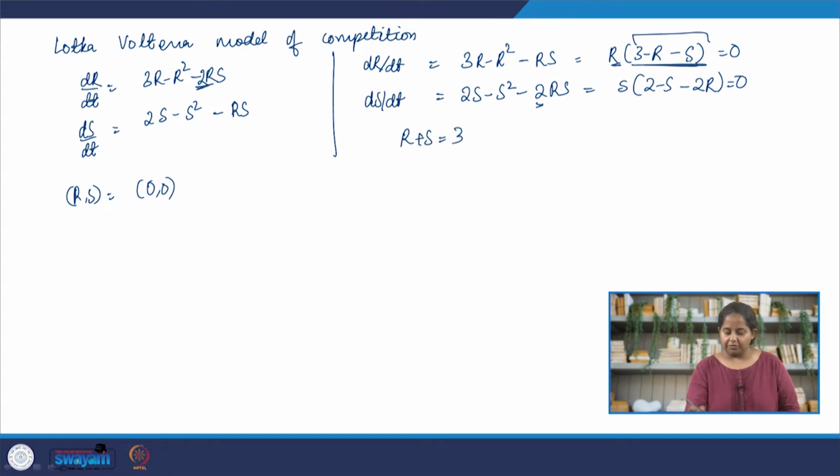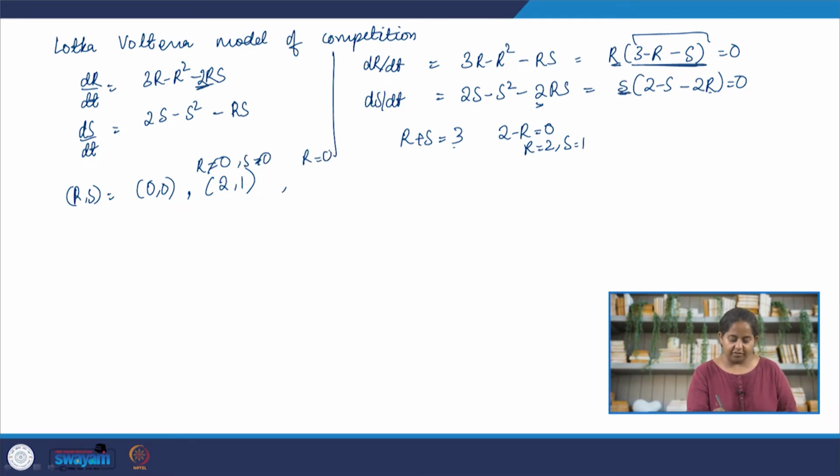Now we can substitute this information here, and what we'll get is 2 minus R is equal to 0, which means R is equal to 2 and S is equal to 1. Here I assumed that when R is not equal to 0, S is also not equal to 0, so this is when both R and S are not equal to 0.